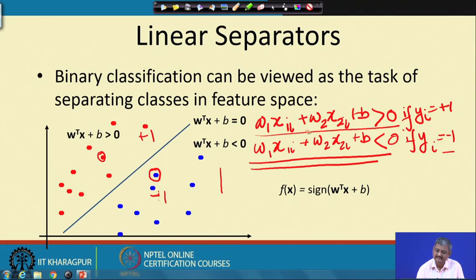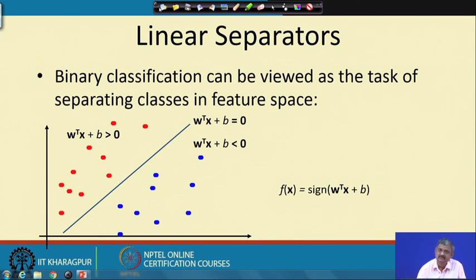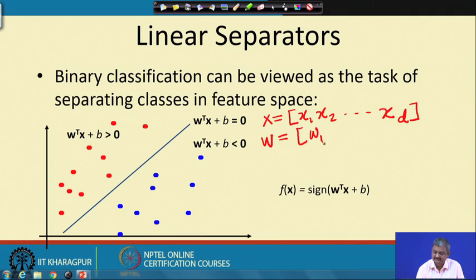In general I am writing x1, x2, but there can be more components: x3, x4, d-dimensional, anything it can be. So, let me introduce a little bit of vector terminology. Let us say the input vector is like this, and I call something the weight vector, or W vector, which is nothing but each of these weights.